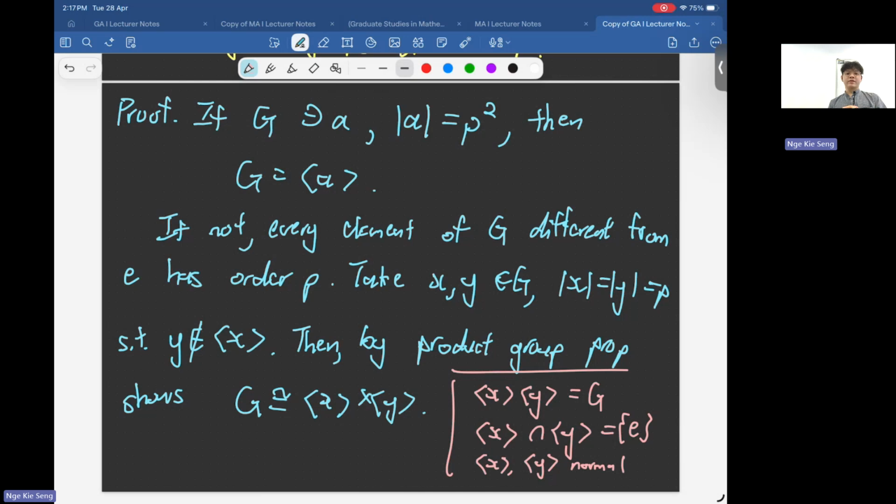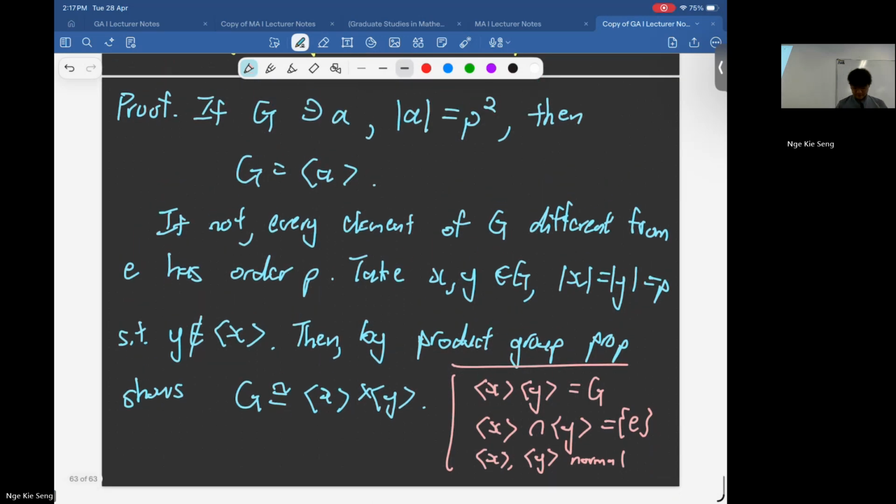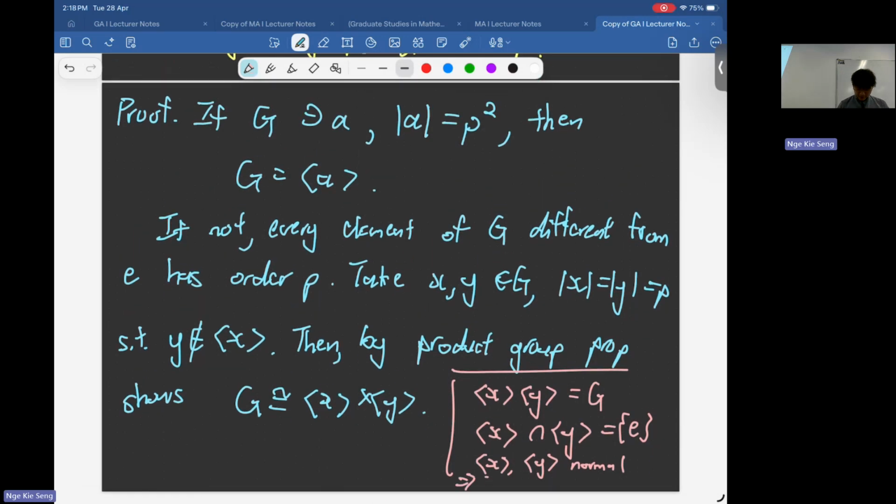Because we proved that. Did we prove? Oh no. An order P group is always abelian, so it's normal. And so this implies that G is isomorphic to the product of these two subgroups.